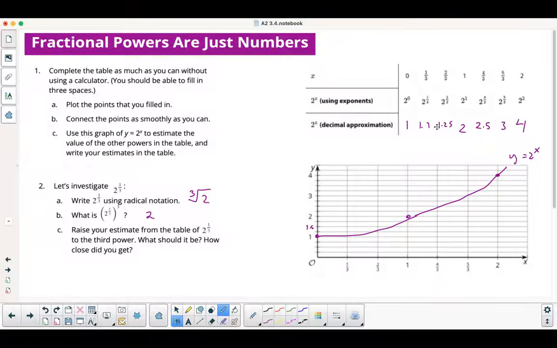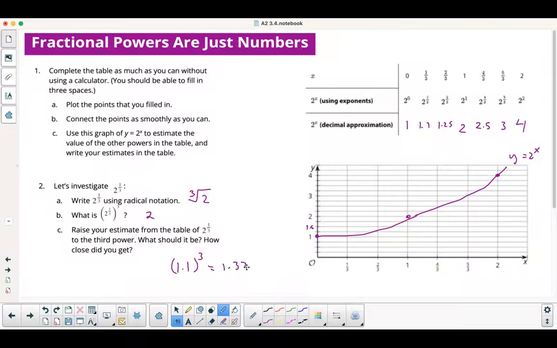So I said 1.1. So if I take 1.1 to the 3rd power, let's see how close I was. Let me get my calculator out here. 1.1 to the 3rd. I was not very close. I got 1.331.